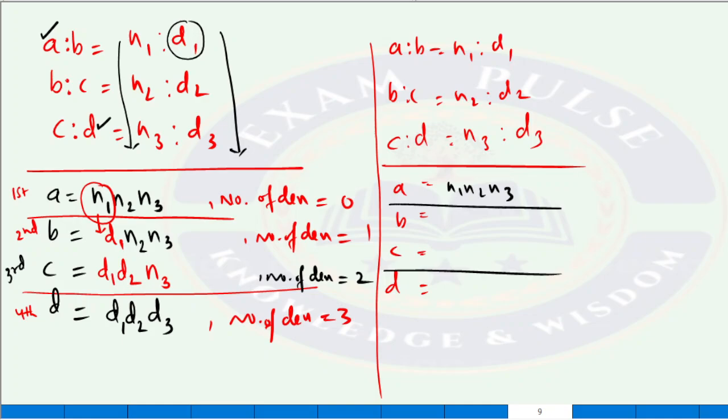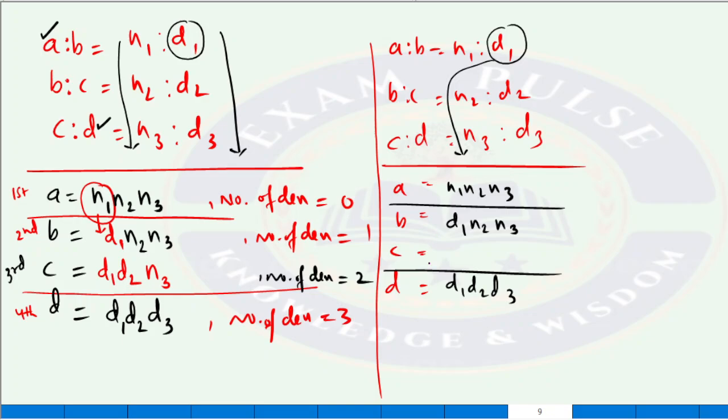Last one means all the last products, that means denominators product. What does it mean? d1, d2, d3. Now what about the remaining thing? See, second step means first denominator, remaining all numerators, that is d1 into n2 into n3. This is a graphical way to remember the thing.